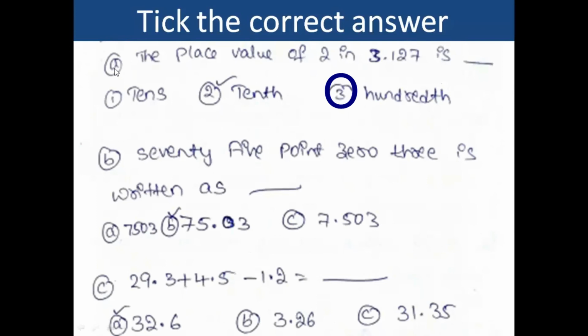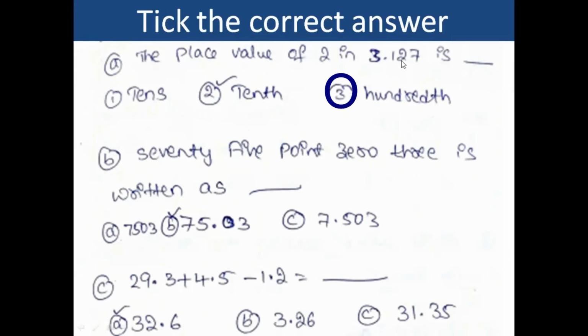Pick the correct answer. The first one, the place value of 2 in 3.127. 2 is in the decimal part. 1 is in the tenths place, 2 is in the hundredths place, 7 is in the thousandths place.